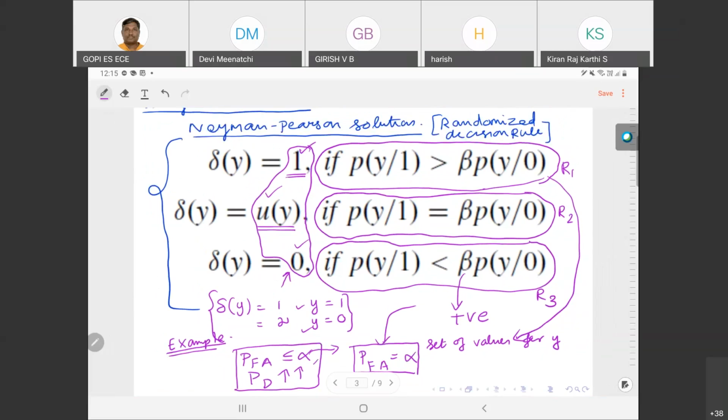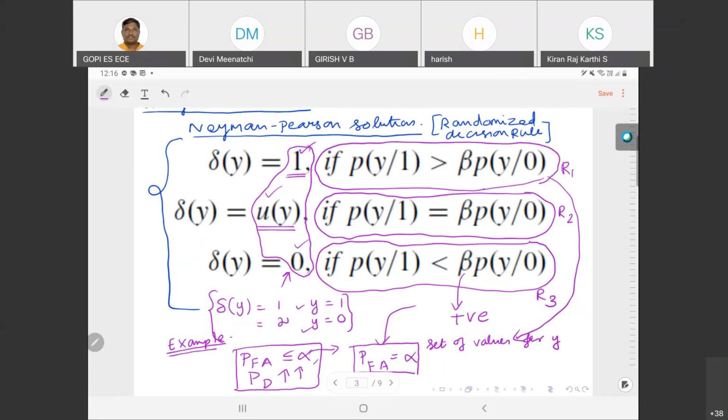We have some characteristics for this Neyman-Pearson technique that we will discuss in the coming class. There are three important observations we can make with the Neyman-Pearson technique. One is the uniqueness of the solution, the existence and optimality. All those things we are going to discuss.